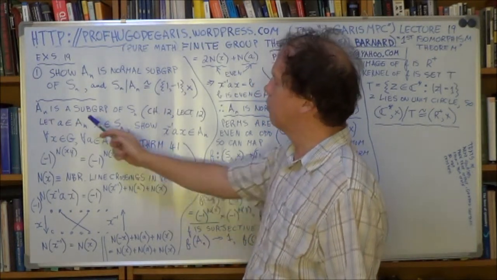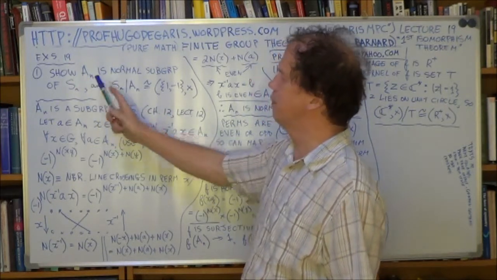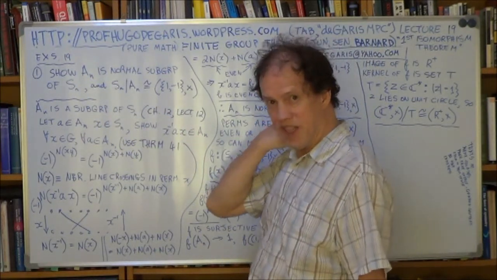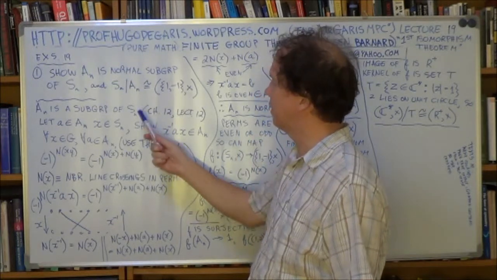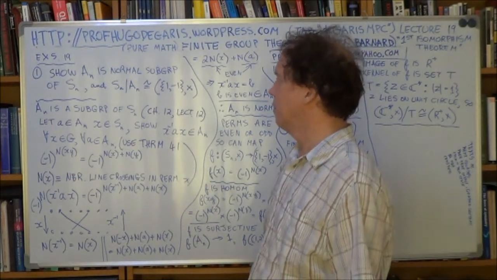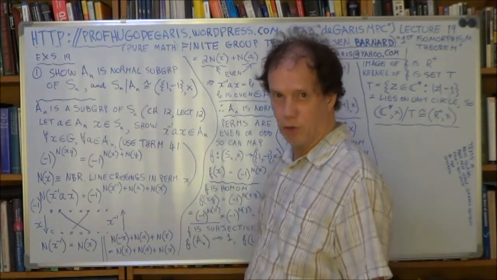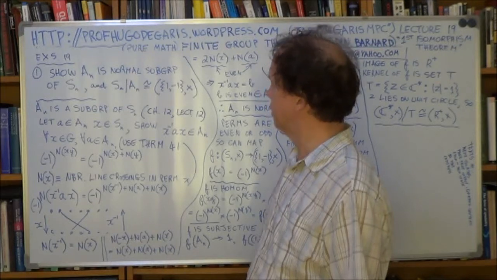I will not prove that the alternating group A_n is a subgroup, because we already did that in lecture 12, chapter 12. So we need to show now that it's a normal subgroup. So how to do that?